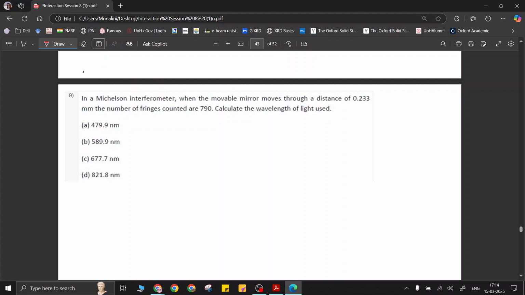When the movable mirror moves through a distance of 0.233 mm. Okay, so the distance that we are moving it, the one arm or the one mirror, is this much, and the number of fringes that get shifted is 790. We have to find out wavelength of the light used.